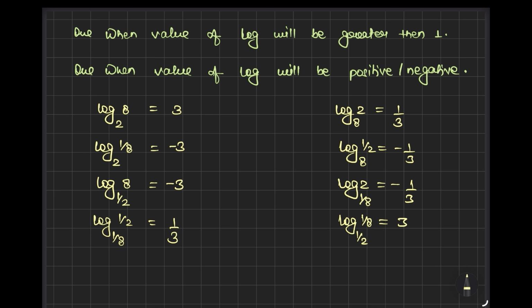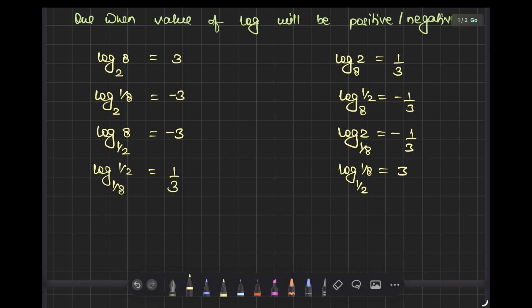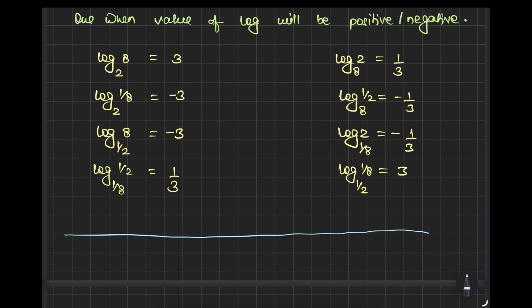Now look at this. If you observe, first I will talk about greater than 1. Suppose we have a number line. Somewhere it will be 0, then one important number is 1.